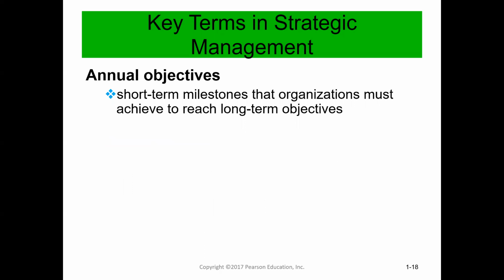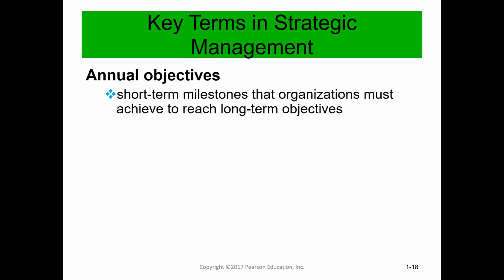Then annual objectives, short-term milestones that organizations must achieve to reach long-term objectives. So these are short-term, 1 year. So anong gagawin mo? So kami, we have that, no? Every semester. So anong gagawin mo for this semester?